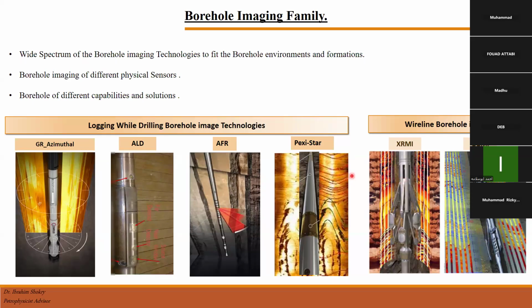It is highly sensitive to a wide range of resistivity. While the second tool is designed to run with oil-based mud, offering 1 inch vertical resolution, which is less precise than the XRMI tool.